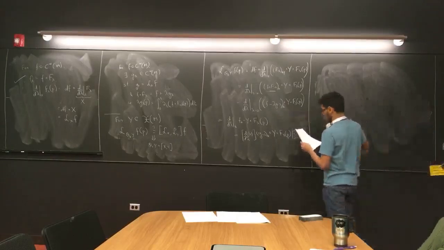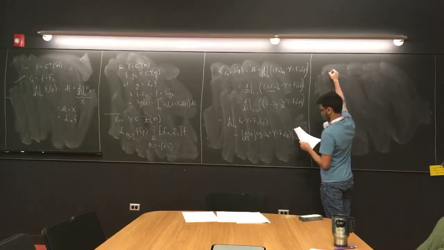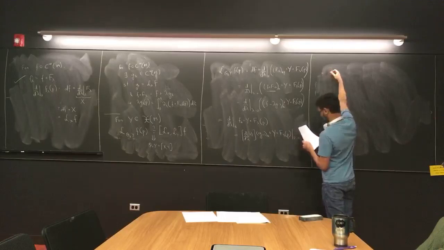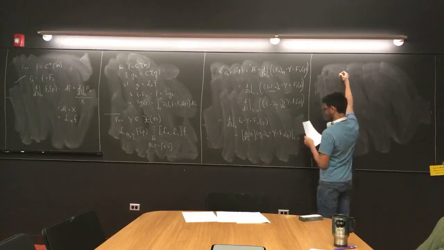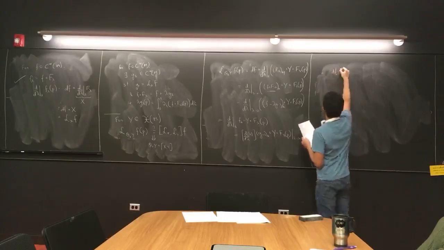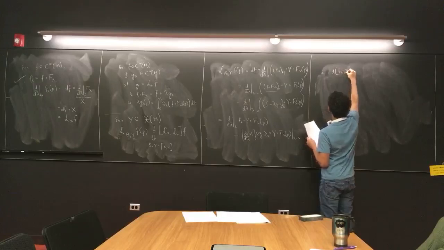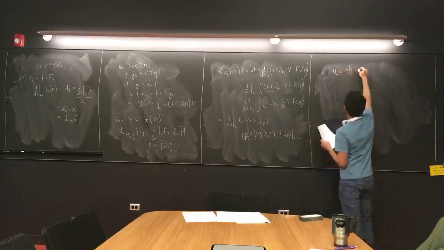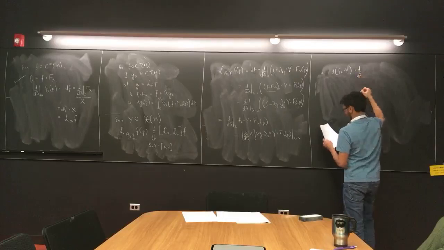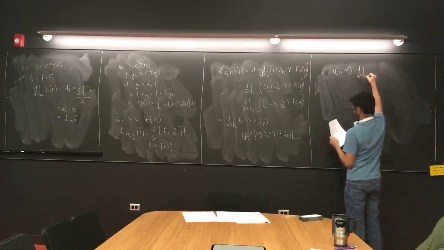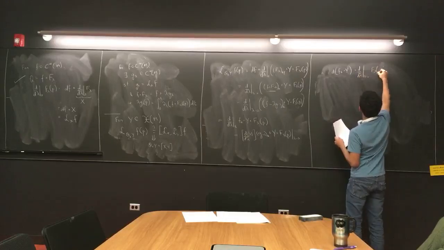So we evaluate the first one. This can be written as d f star composed with y, and then composed with d by d lambda at lambda equals 0 of f lambda of p.